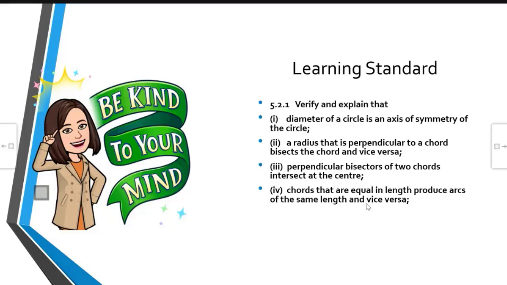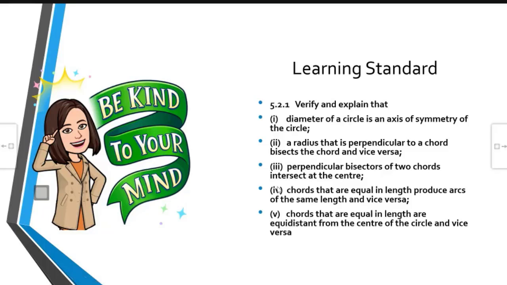Okay, number 4, chords that are equal in length produce arc of the same length and vice versa. Okay, the last one, chords that are equal in length are equal distance from the center of the circle and vice versa. So you have to remember all the properties in order for you to solve the problems for the circles.